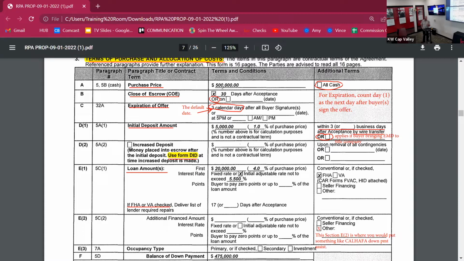Make sure, run a quick market analysis on that house. Just because it's listed at $600,000 doesn't mean the house is worth $600,000. The house might only be worth $500,000, but if you don't check the comps and you offer $600,000, the seller, and he's got enough of a down payment where it's not going to affect whether the appraisal comes in.